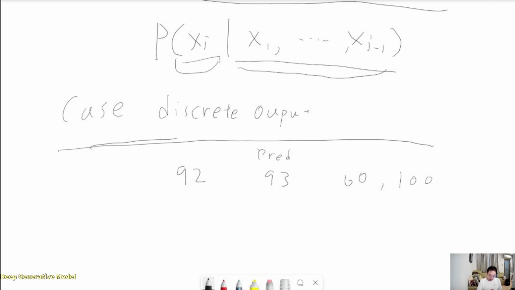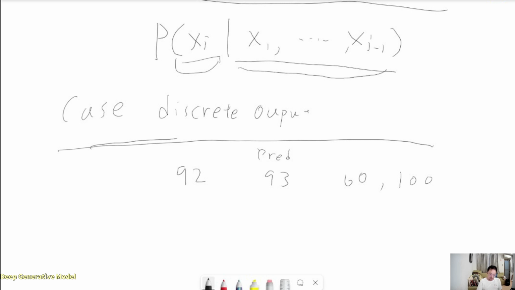In the example of a test score, it might just be from 0 to 100, and you always get an integer score, so the output space is discrete and finite.